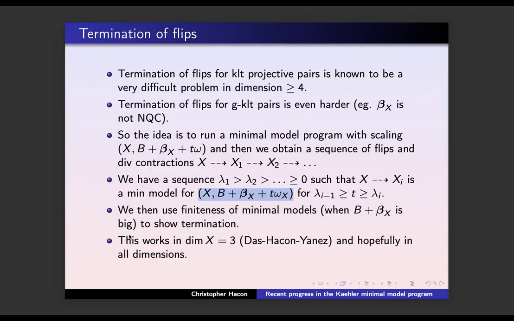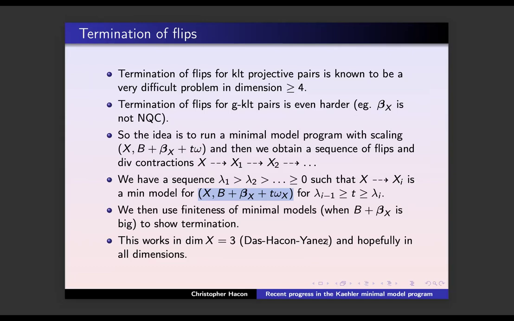The only thing I would like to say is, there's one proof of concept. In dimension 3, together with Das and Yanis, we do show that this approach does work. So hopefully it works in all dimensions. There are some reasons to be optimistic, but there are several new twists from the projective case.